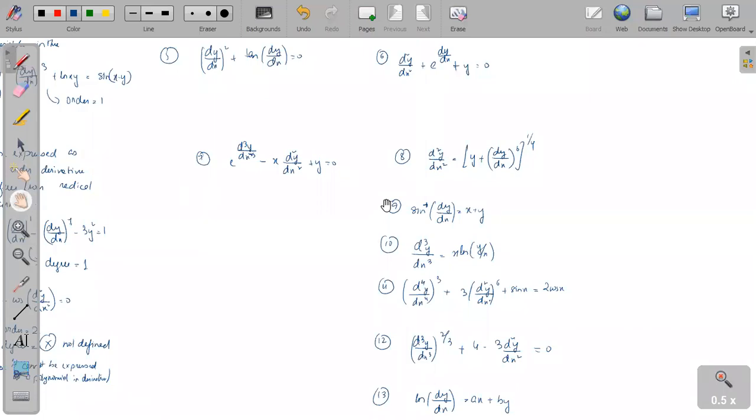We just need to look that all the derivative terms can be expressed as a polynomial. Other terms can be anything. Other terms can be present in sine, cos, tan, whatever, it doesn't matter. Our derivative terms should be free from any other function.